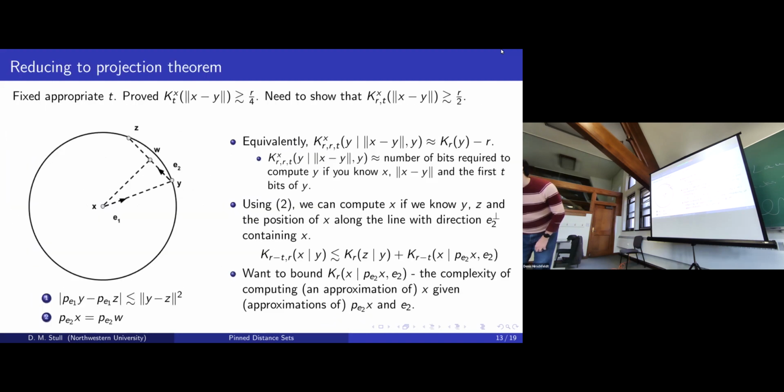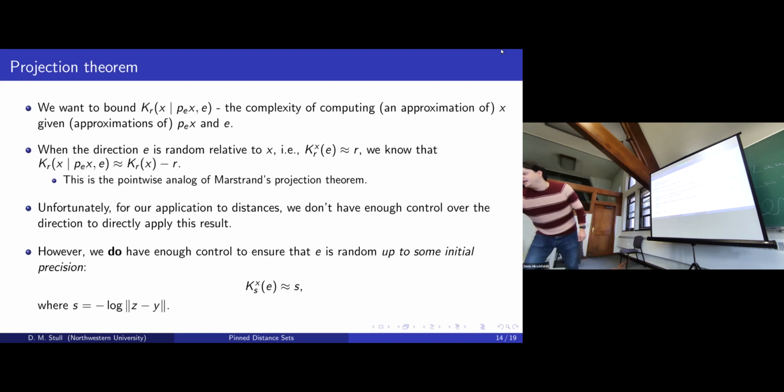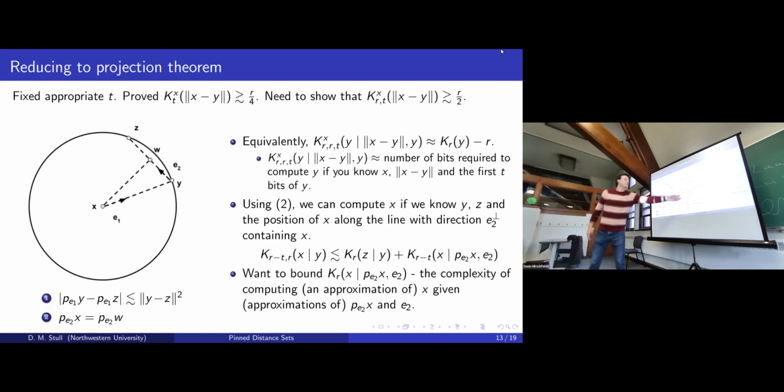Let me just finish by saying that once you know this bound, the rest of the proof is plugging this into the idea here and using some symmetry of information arguments.